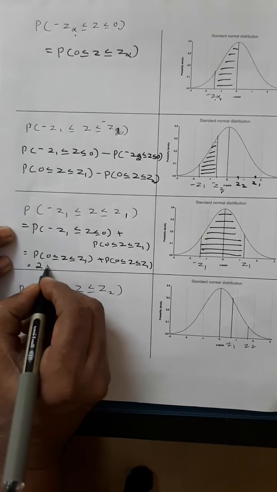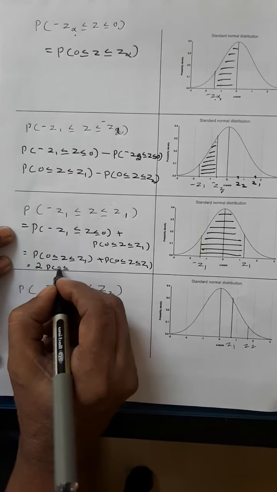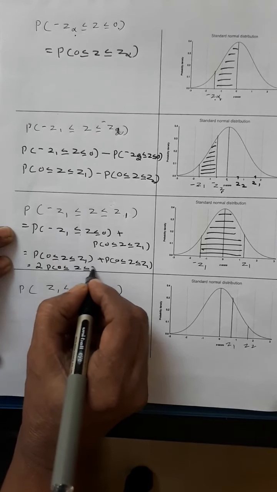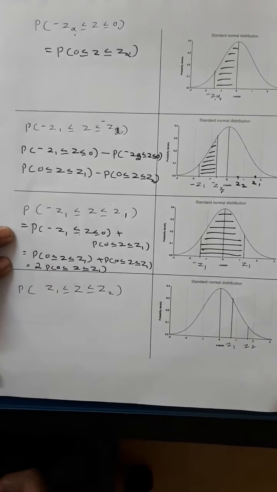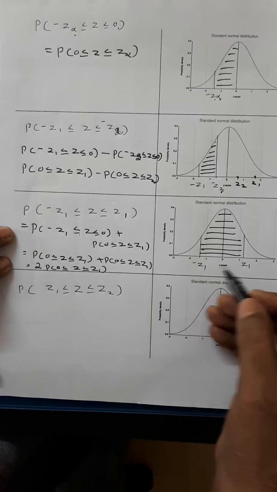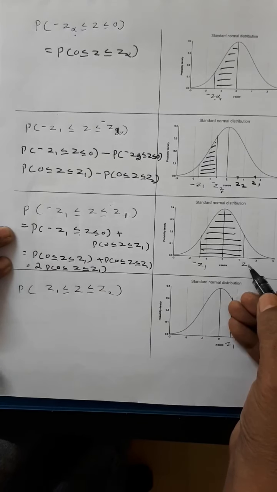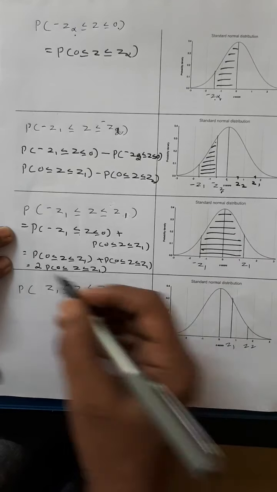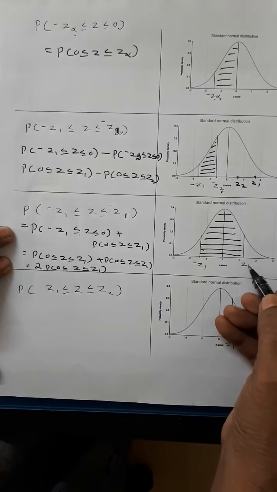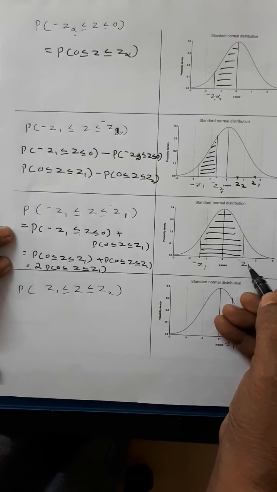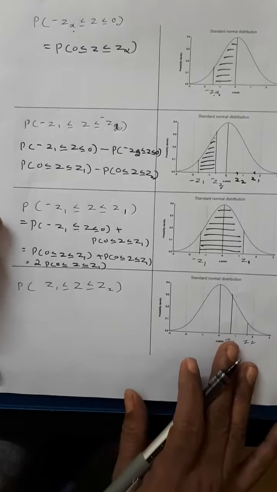That is twice P of 0 less than Z less than or equal to z1. So the probability from minus z1 to plus z1 changes to twice the probability from 0 to z1, which we can find directly from standard normal tables.